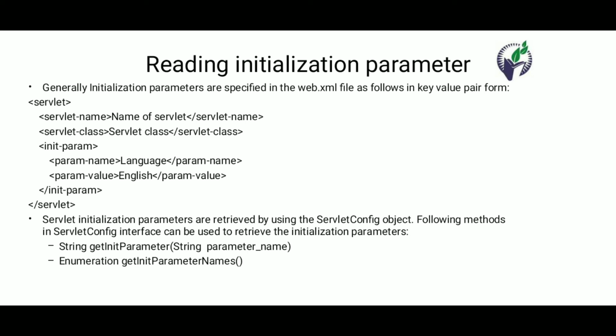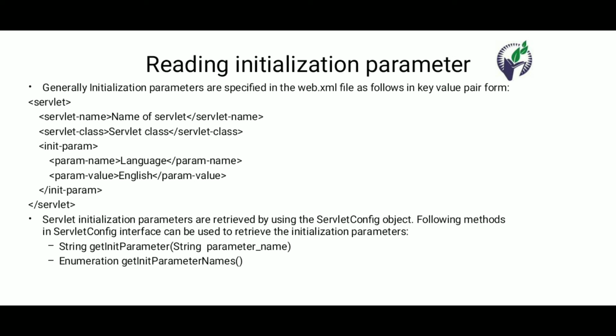Servlet initialization parameters are retrieved using the ServletConfig object, and the ServletConfig interface can also be used to retrieve the initialization parameters. To fetch this, the getInitParameter method is used, and you just have to pass the parameter name as a parameter in the method.